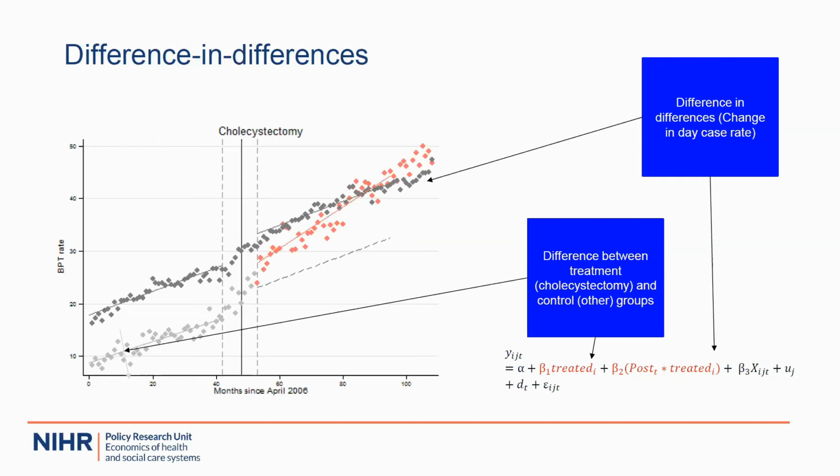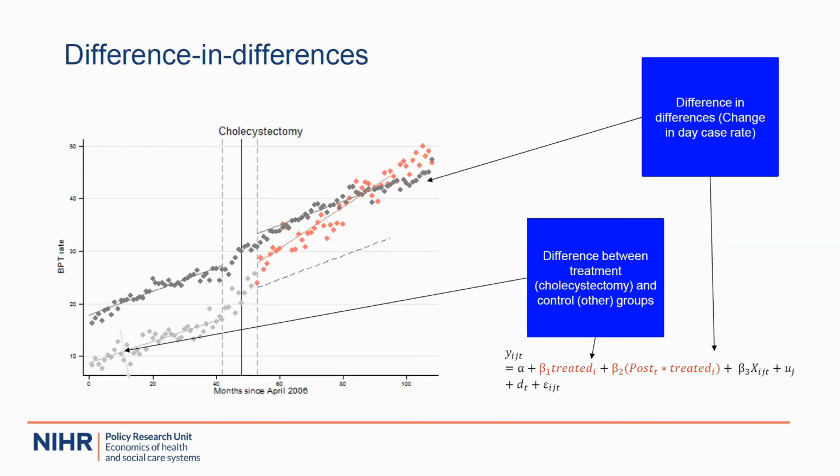So they're now light gray diamonds are the people receiving cholecystectomies. And they, again, as you saw in the previous plots, they were gradually increasing in their rate of day case. Then the policy came in and there's a jump, and now their red diamonds are showing what happened after the policy was introduced. The new thing is we don't now have a second path, which is telling us what would have happened if the cholecystectomy specific day case rate had continued to change in the way that it had before the policy.